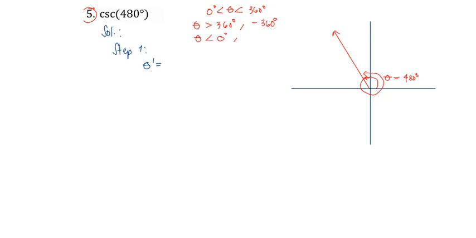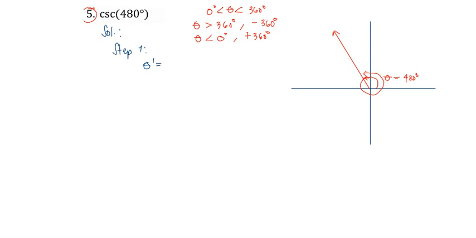Instead of subtracting 360 degrees, we add 360 degrees until our value becomes greater than 0 and less than 360 degrees. For this case, this is more than na 360 degrees, so therefore we subtract 360. So what you're going to do first is find yung value by subtracting 360, which is in turn would be your coterminal angle as well of your reference angle.